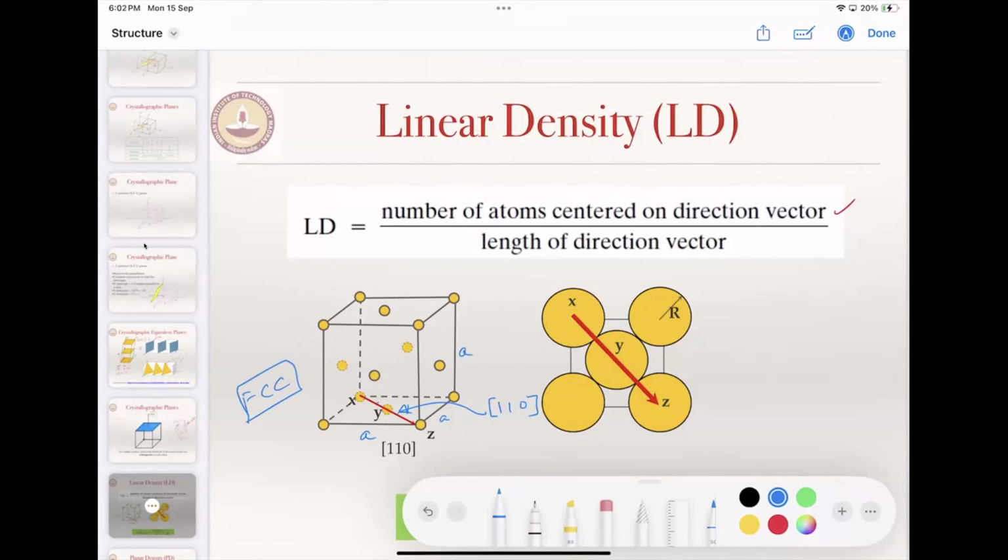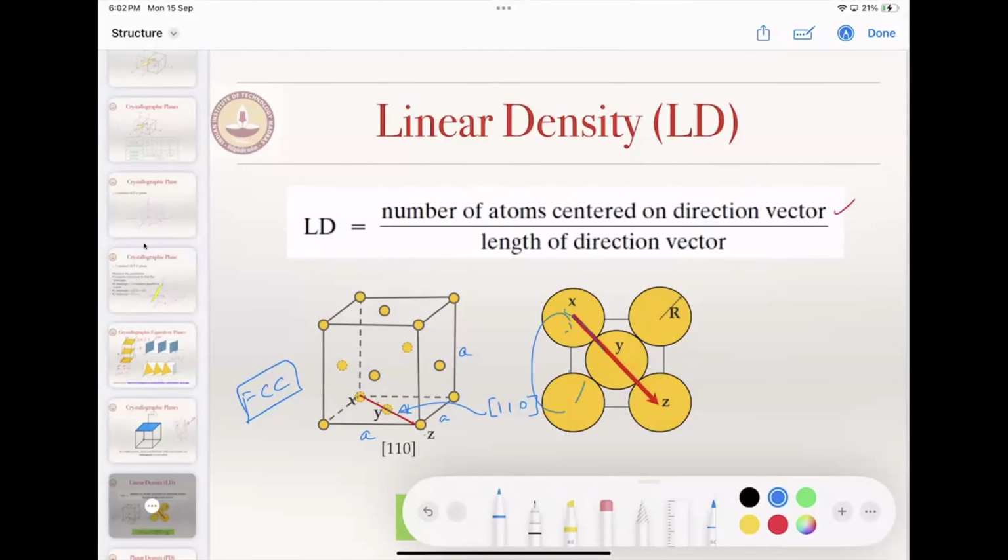Now, if I look at the 110 direction, if you draw these circles larger, these atoms will touch each other along this direction. But these two atoms do not touch; only along these directions do they touch, depending on the geometry that we have.